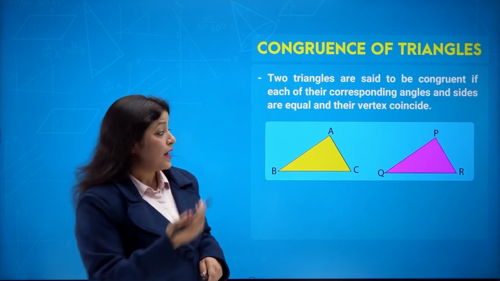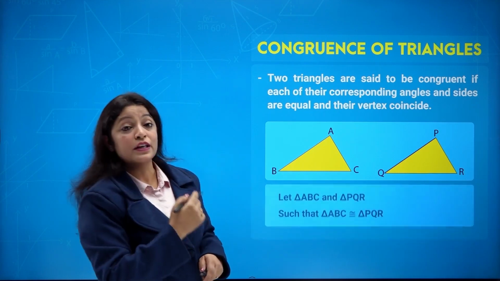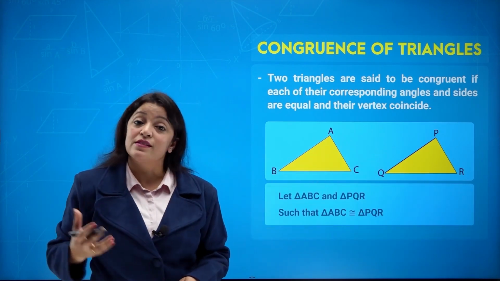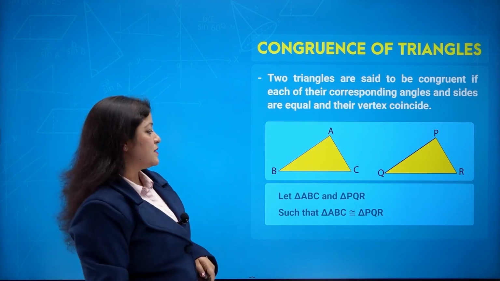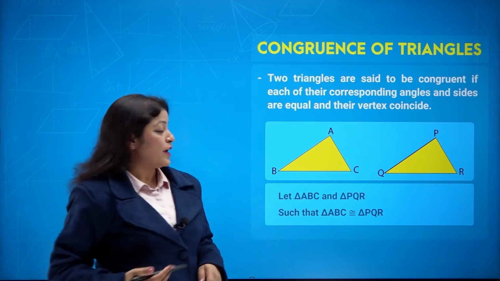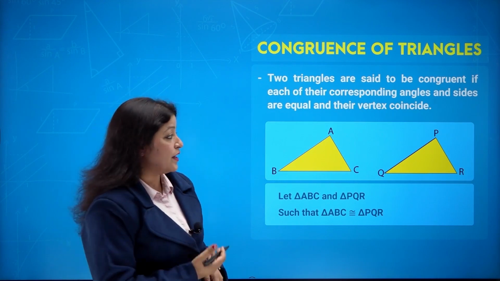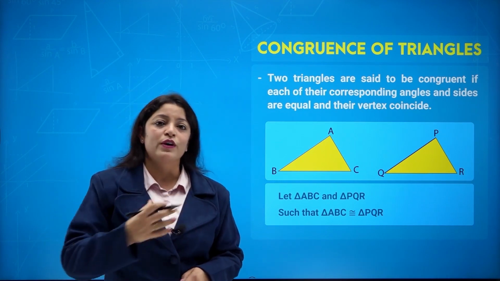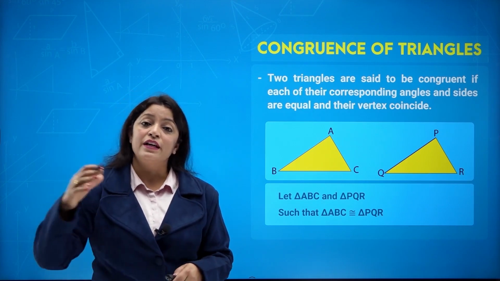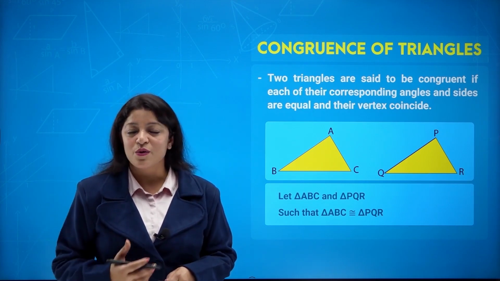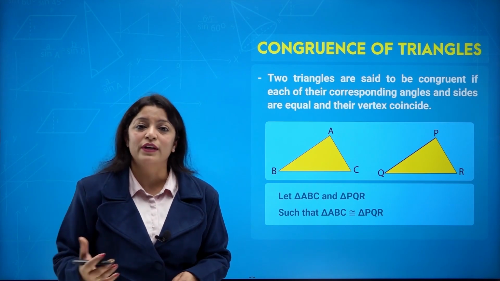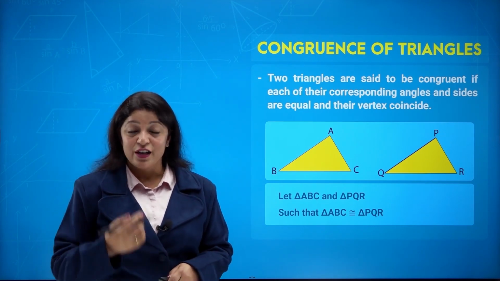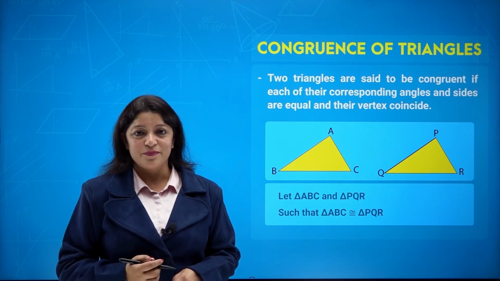No. When ABC completely superimposes, we see they are exactly of the same shape and same size. So we say that triangle ABC is congruent to triangle PQR, because when one is put over the other, it completely overlaps the previous one, and we find them both as one. That means they are exactly of the same shape and size. So they are congruent here.